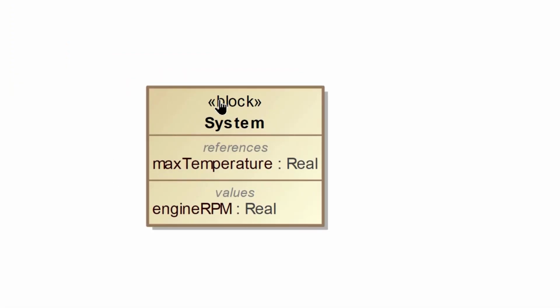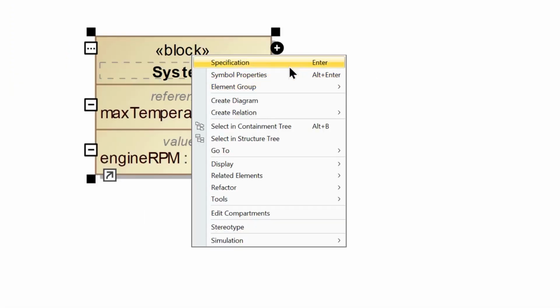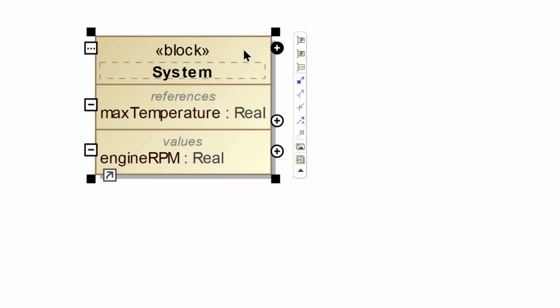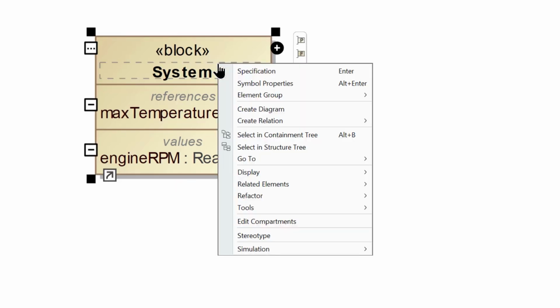Other simulation basics that are really good to know is we can create things such as an activity diagram in the context of this system block. And then in that activity diagram, we will have access to these value properties that we could then manipulate with other types of actions, such as opaque actions.